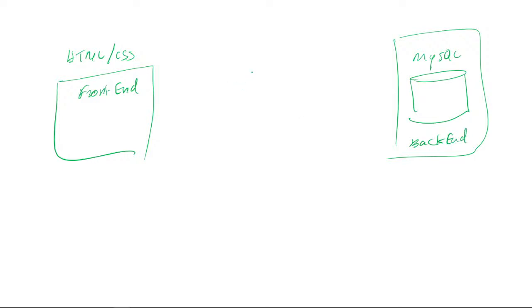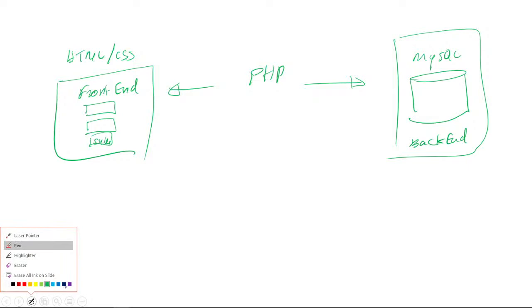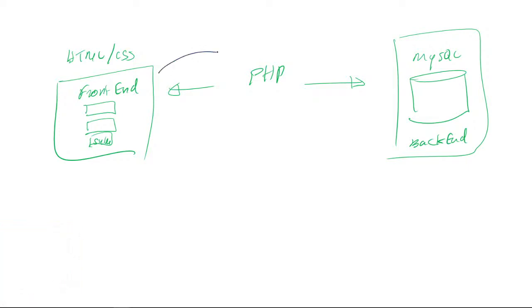The one connecting these two is PHP. It's a communication channel between the two. Whatever you pass through this form, PHP takes and converts to a way SQL can understand, or simply passes using SQL.